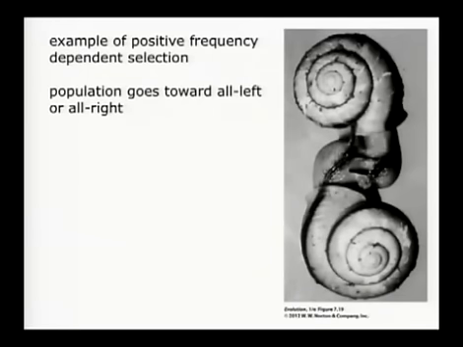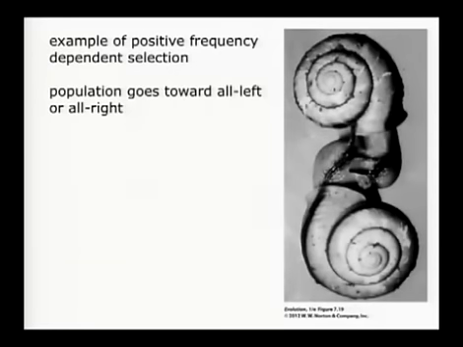And so there's a great benefit to being coiled in the same helix as is most common in the population. So if most of the population is coiled with a right-handed coil, then the right-handed snail is going to do much better than a left-handed snail in this circumstance. And then, of course, what happens is the population rapidly goes to all being right-handed.